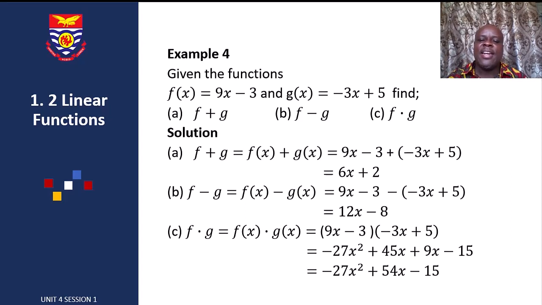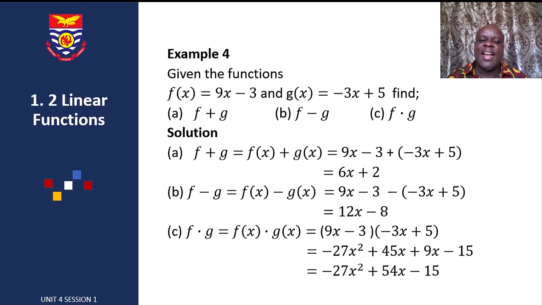Then we will use the negative to open the bracket, so that we will have 9x minus 3 plus 3x minus 5. Then we do 9x plus 3x to get 12x. Then we also do minus 3 minus 5 will give us minus 8.